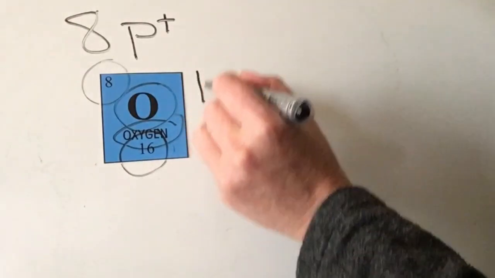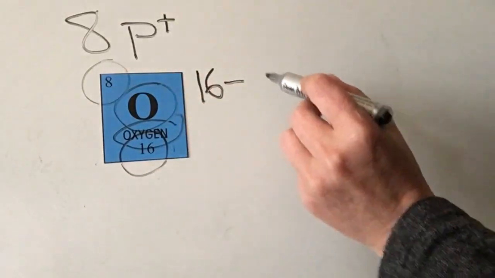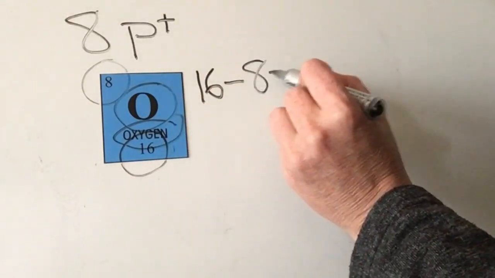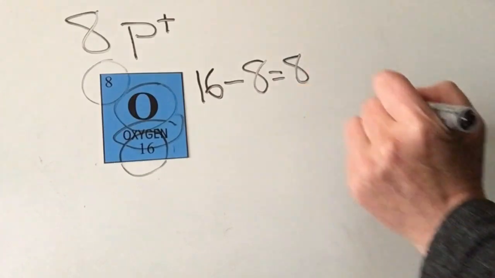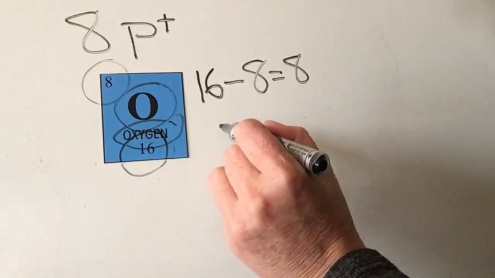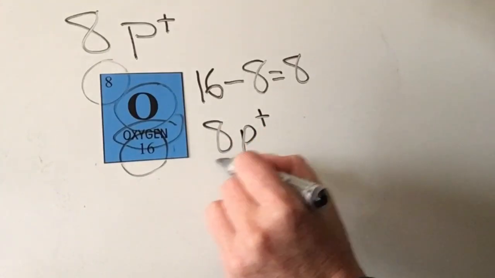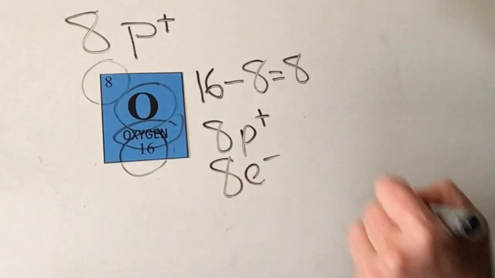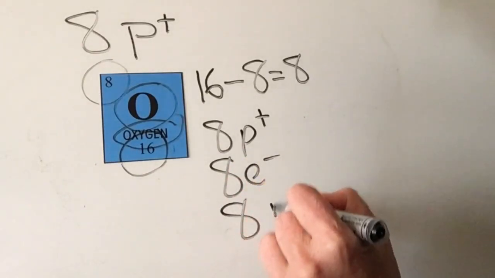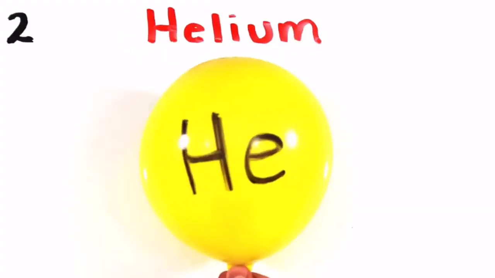So we have an atomic weight of 16. We minus the amount of protons, and we come up with 8. So in other words, this element has 8 protons, 8 electrons, and 8 neutrons.